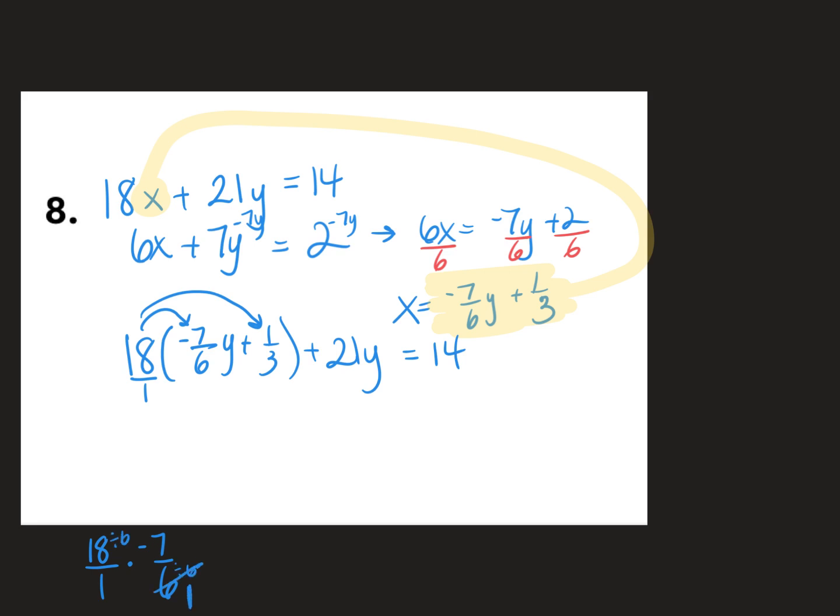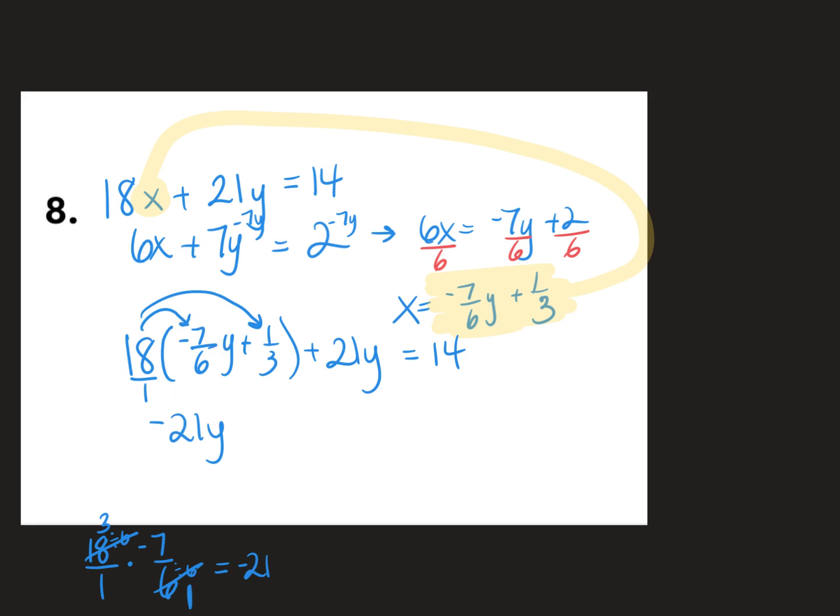That would make this become 1. That would make this become 3. So 3 times negative 7 is negative 21. So negative 21y is what I get when I multiply positive 18 times negative 7 over 6 y.